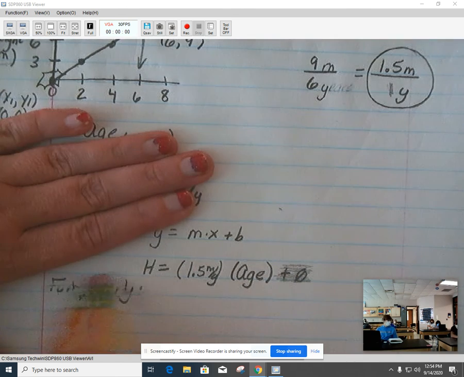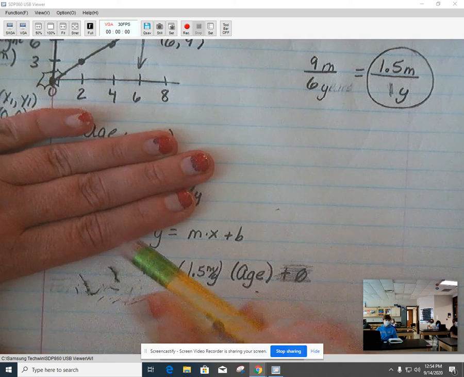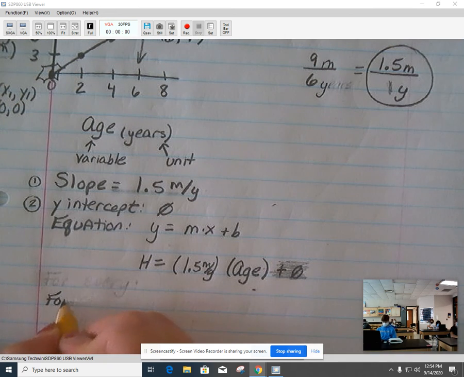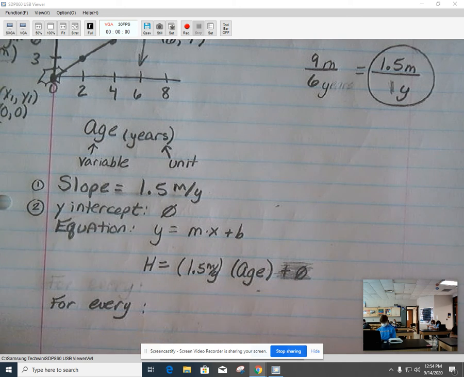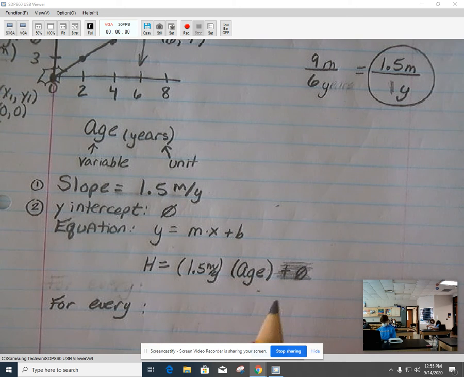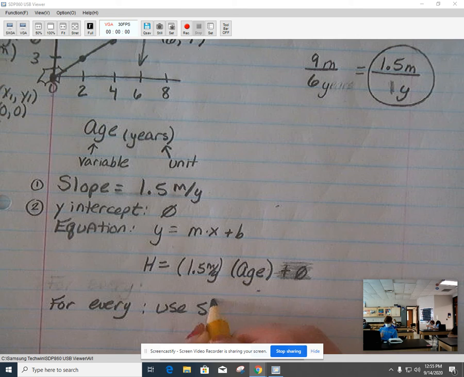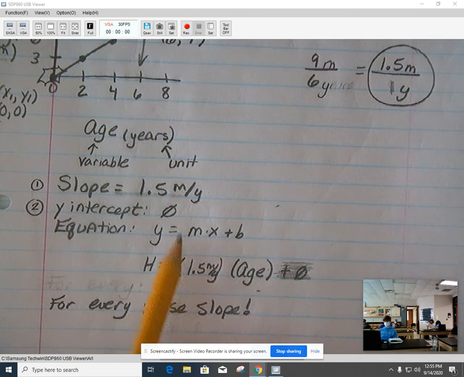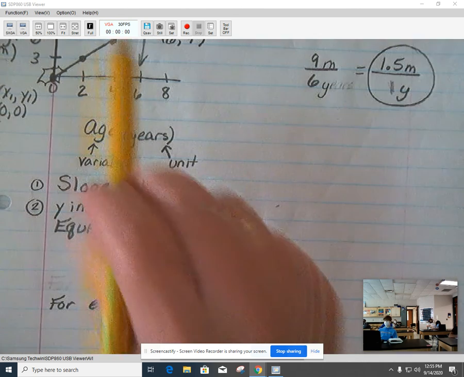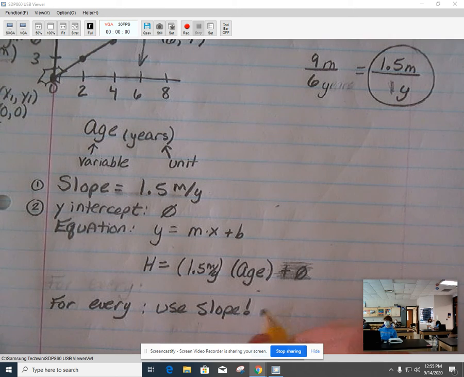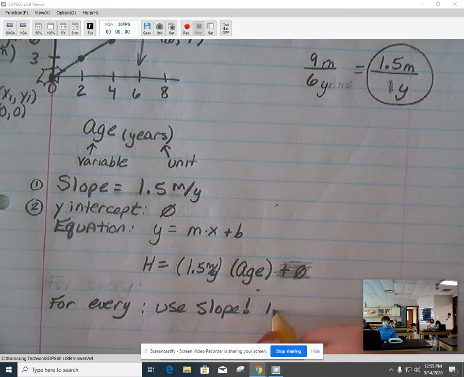I'm going to leave a little gap. If I was to write this for every statement, again, I'm going to use my slope. Notice how important slope has been here, here, here, here, here. It's everywhere. So my slope is 1.5 meters per year.